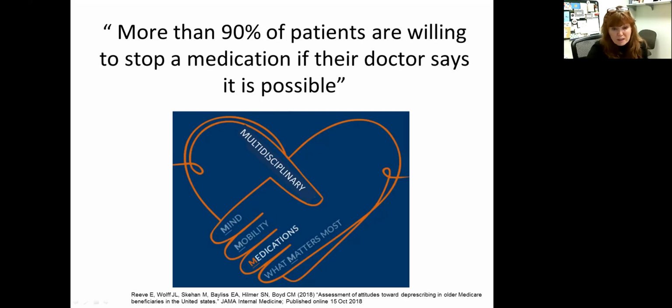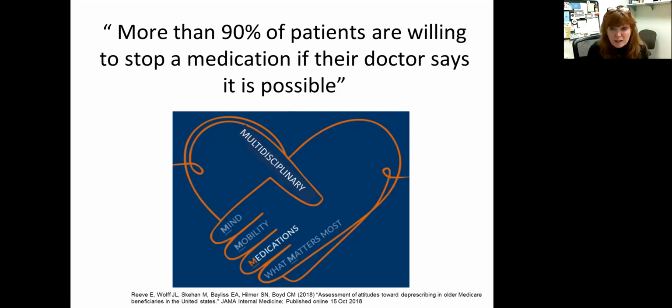And when we talk about multimodal approaches, multidisciplinary to me is also multimodal, in the sense that we have a group of professionals all working together in different ways to help optimize pain control for our patients.